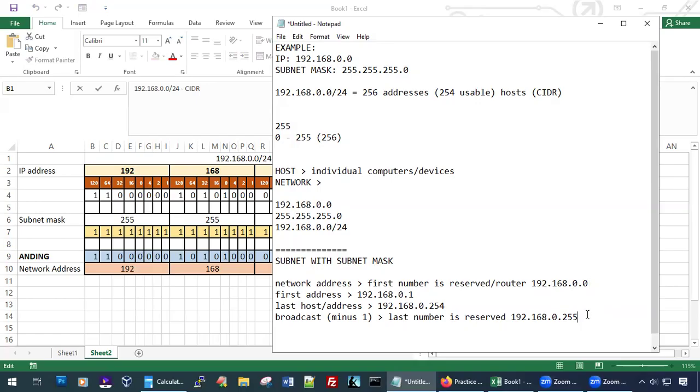So that's how we arrive at this. I'm going to provide another example to help us understand what is working here. But again, when you look at this, 0 all the way to 255 gives you 256 addresses. But in terms of usable hosts, this is what is usable, 1 to 254 in that range. Okay, one second, we can work on another example.